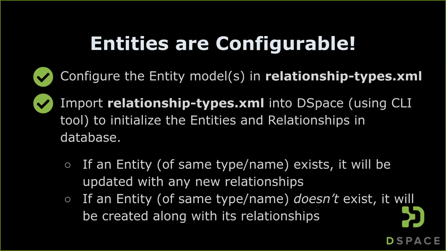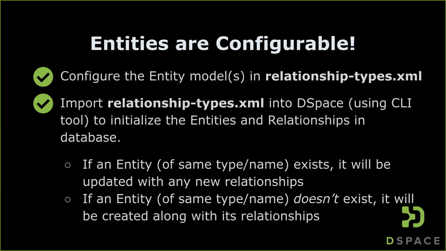And in order to create the entities, you actually have to import that file into your DSpace using a command line tool. New entities that are listed in there are just created within your database structure. And all the linkages or relationships between them are created in your database structure. If they're old entities, they're just updated based on the updates that you put in that XML.